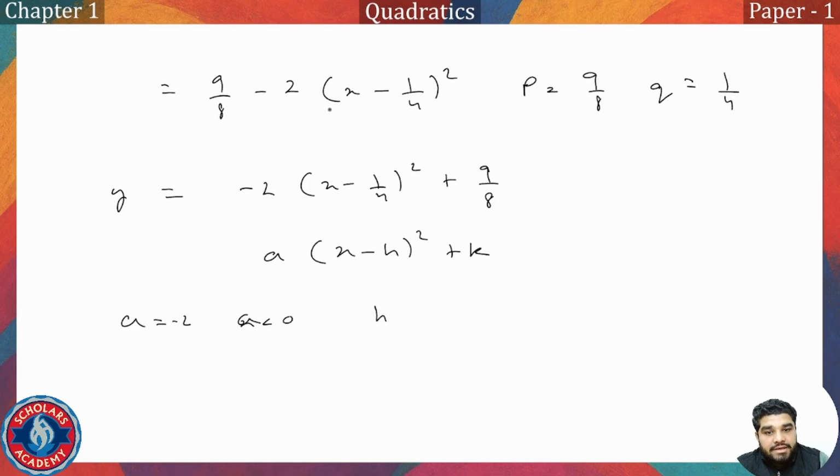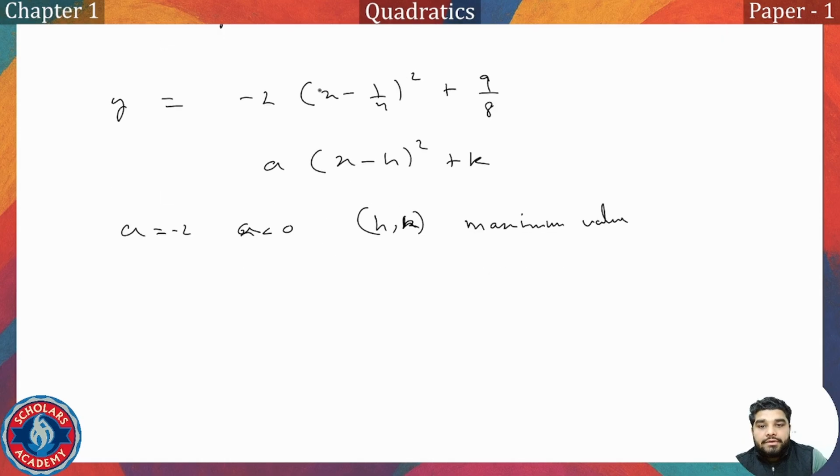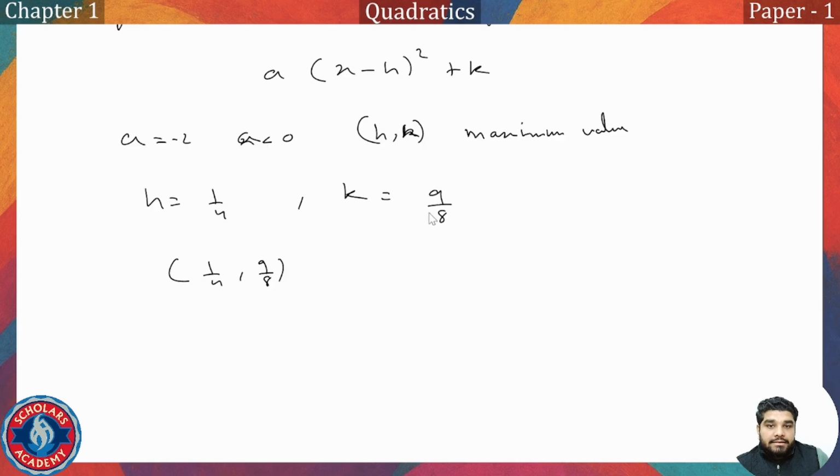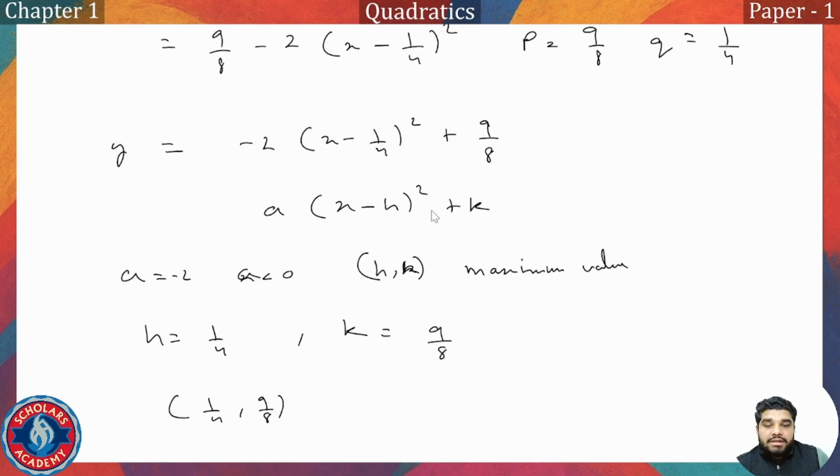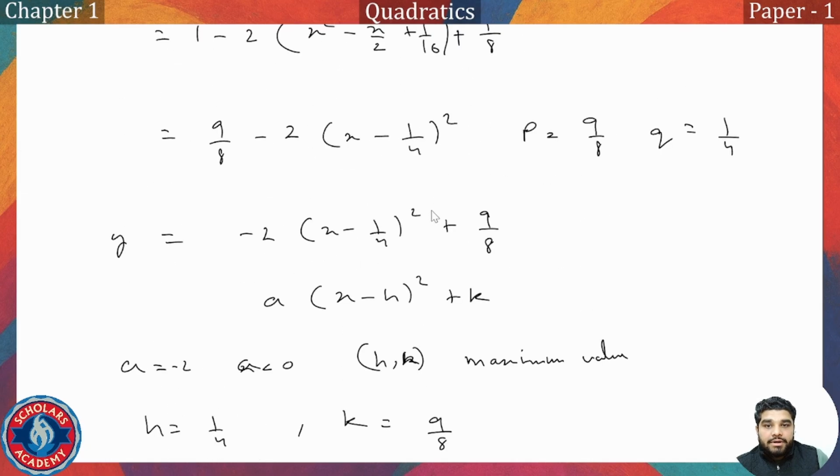That means h comma k is a point of maximum value, and we get h is equal to 1 by 4 and k is equal to 9 by 8. So the point that we are getting is 1 by 4 comma 9 by 8, and this is the point of maximum value. And we also need the intersecting points with the x and y axis.